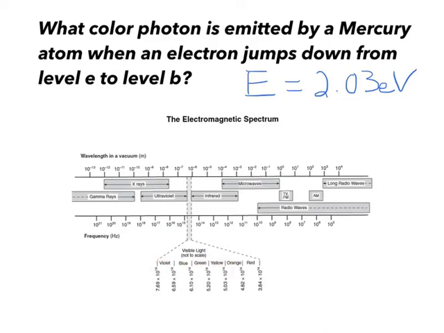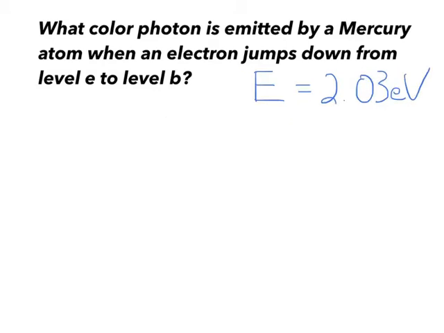So if I knew what frequency, because that's what all these numbers are, frequencies, this photon is, then I could tell you what color it is. So I need to know what frequency this energy has.